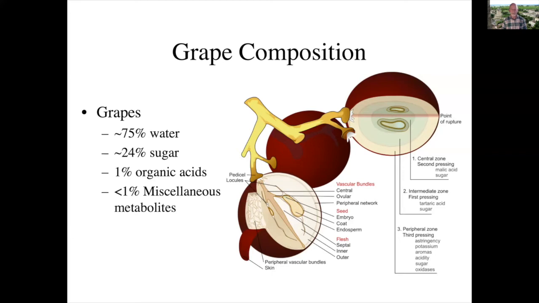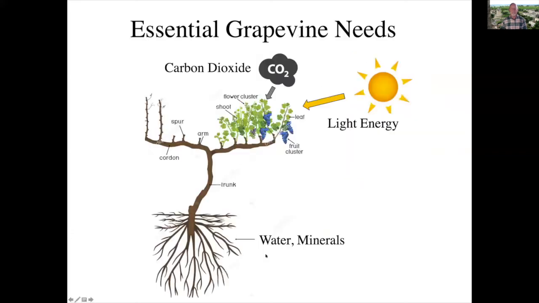Basically, they're made up of 75% water, 24% sugar at harvest time, only 1% organic acids, and the rest are miscellaneous metabolites and minerals. To make those components, the grapevine has essentially four needs.